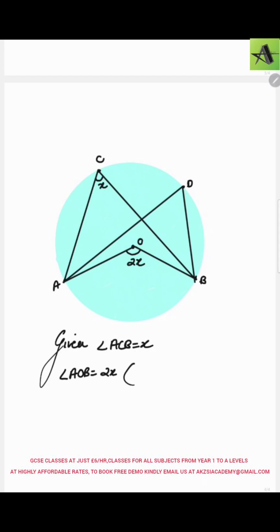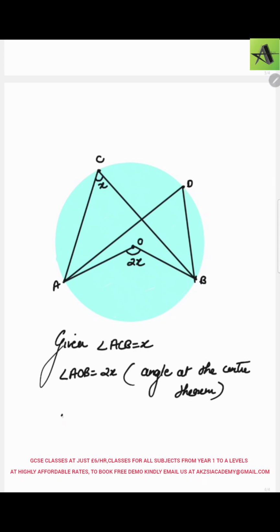angle at center theorem, but write down the complete theorem. When you're writing, write down the complete statement: angle at the center is twice that at the circumference, but I'm just writing the heading of the theorem here. Then we know AOB is 2x.